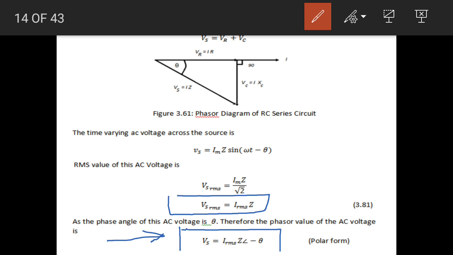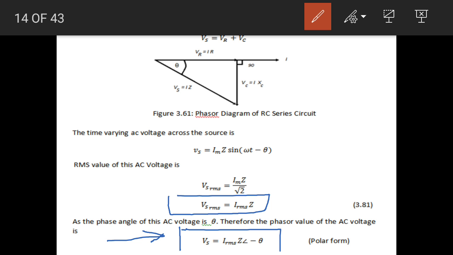The magnitude of this phasor is equal to the RMS value of this AC voltage, and the angle of this phasor is minus theta, which is the phase angle of this AC voltage. And keep it in your mind that the source voltage lags behind the current by theta, where theta will be less than 90 degree.